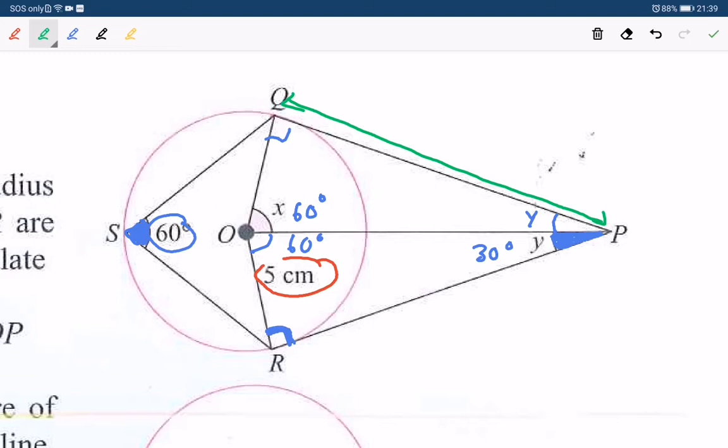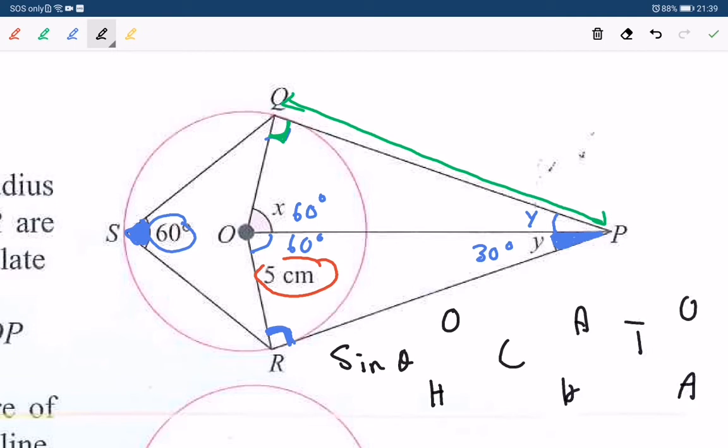Remember, this one is a tangent. Whenever you see a tangent, you can use SOH CAH TOA. So what is SOH CAH TOA? It is sin theta equals SOH, CAH, TOA. Okay, I use this one.